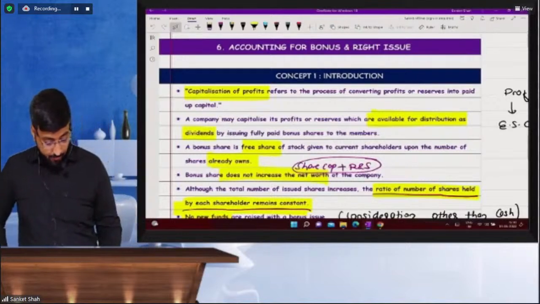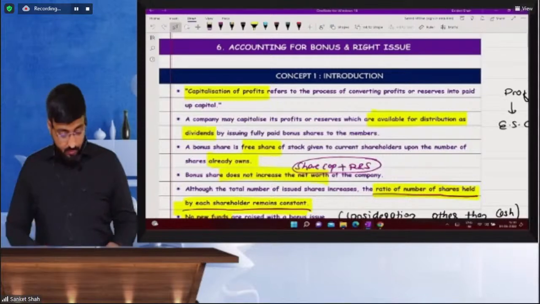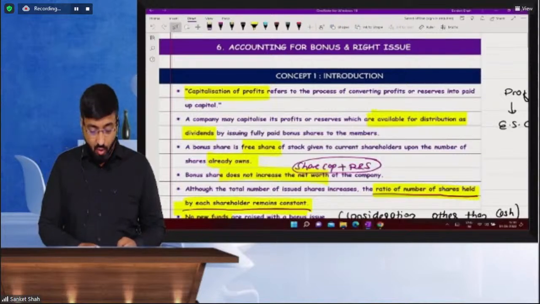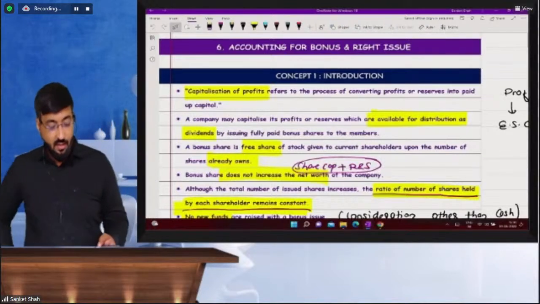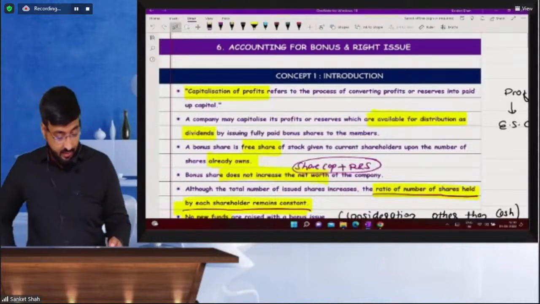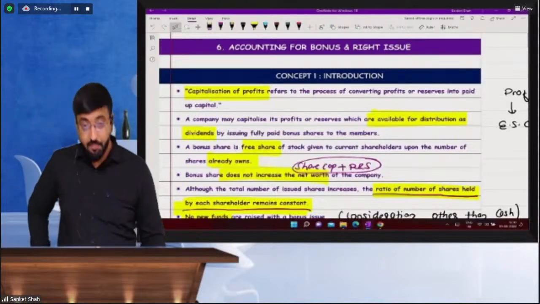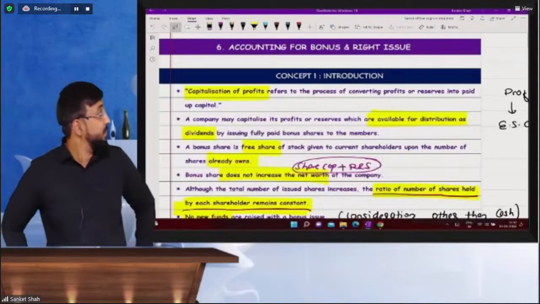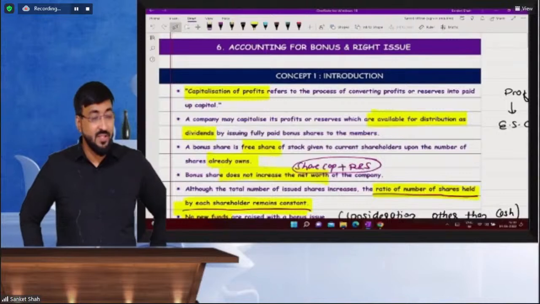Okay. So friends, real, personal, nominal in the traditional approach, and in the modern approach you saw asset, liability, income, expenditure and capital. So let's start with the first chapter of revision, accounting for bonus issue and right issue.